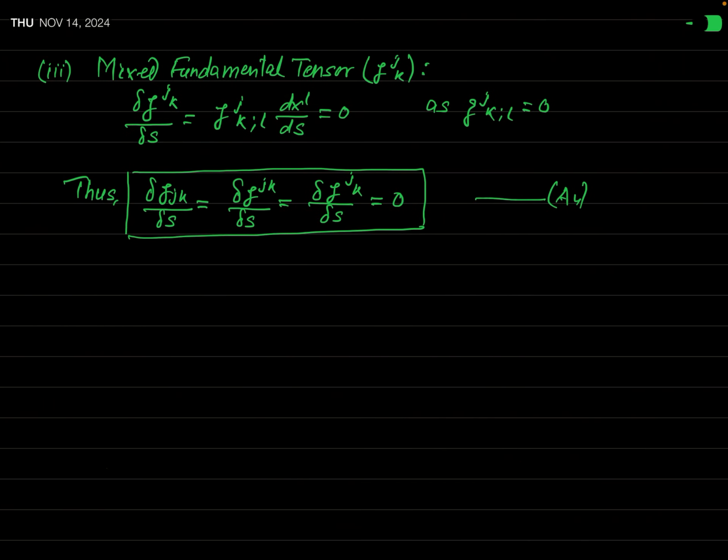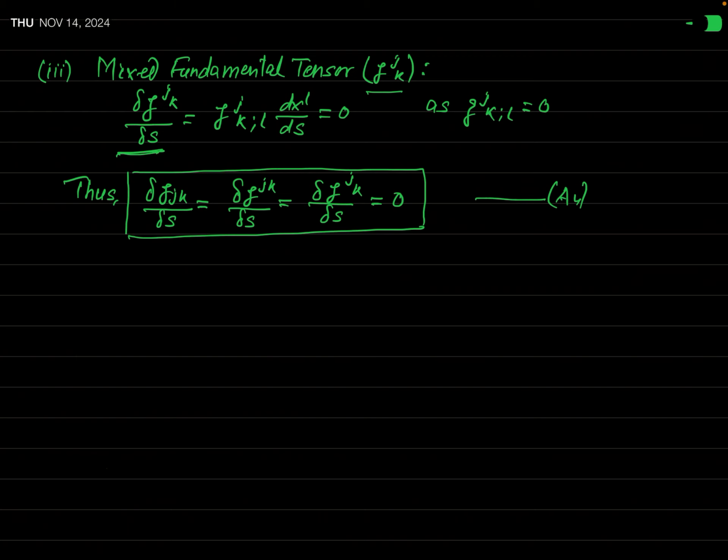Now, if you talk about the mixed fundamental tensor G superscript j and subscript k, then its intrinsic derivative with respect to S will be denoted by this symbol, see here.